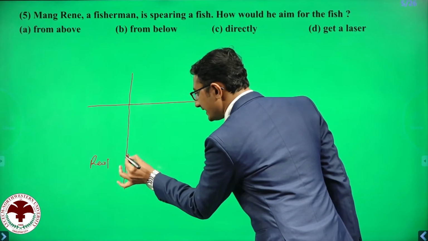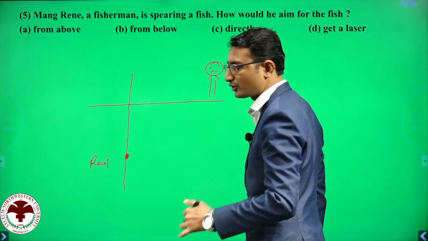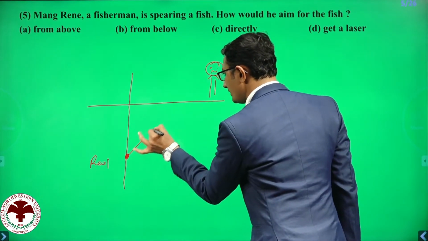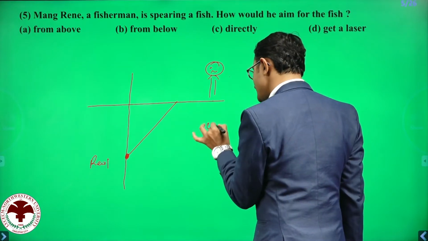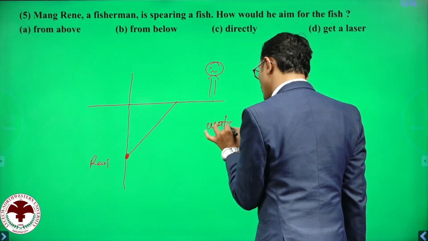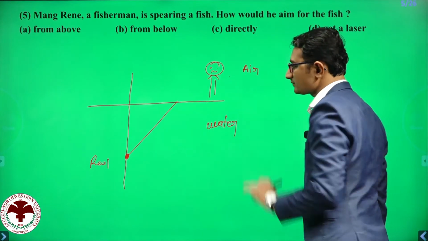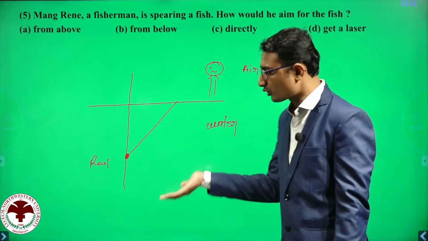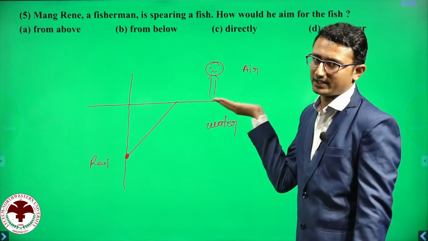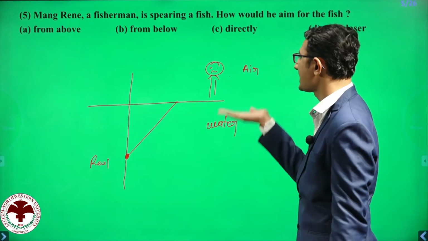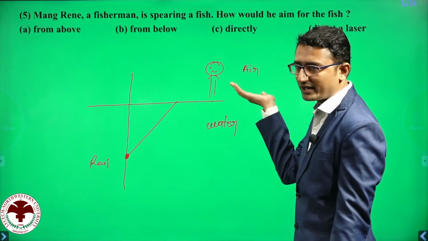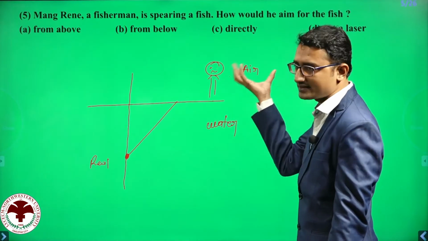Suppose the light which is coming out from the fish is moving in this direction. Now what is the medium here? Here is water. And here is the air medium. So light is coming from the water medium to the air medium. As you know very well, the density of water is higher than the density of air. That is why this is the denser medium and this is the rarer medium.